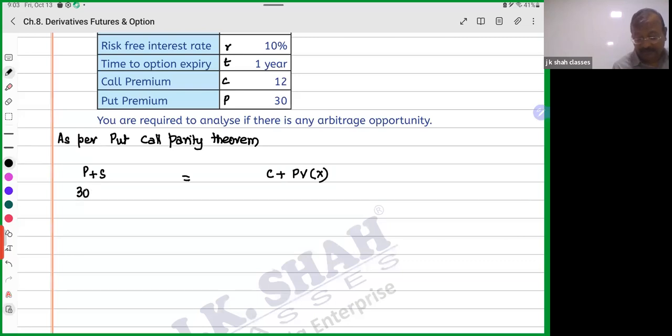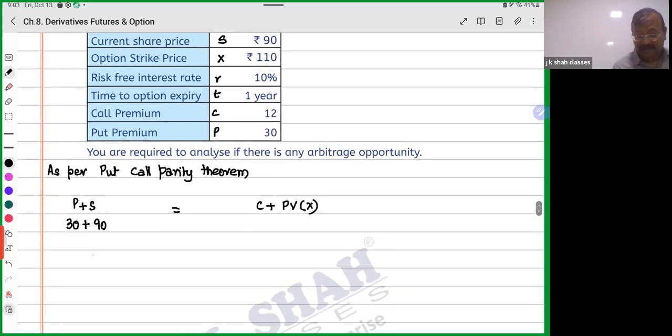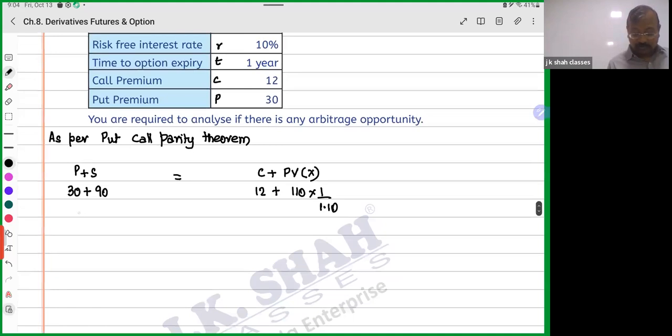P is 30 plus stock price 90, call 12, and PV of X will be how much? 110 into 1 upon 1.10, 10% for 1 full year. So 120, and this comes to how much? This is not equal.